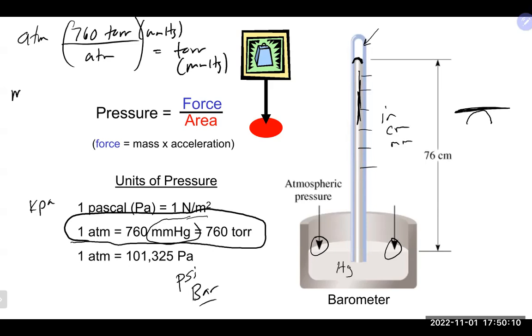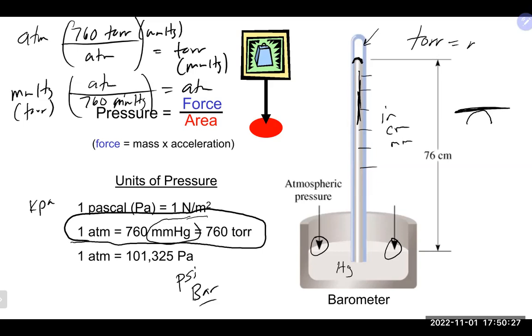Or if you have millimeters of mercury or torr and you want atmospheres, you're going to divide by 760. A torr and a millimeter of mercury are basically a 1-to-1 relationship. So if you have to convert between those, it's pretty simple, just change the units. The number stays the same as it is a 1-to-1 relationship. Any questions on that?